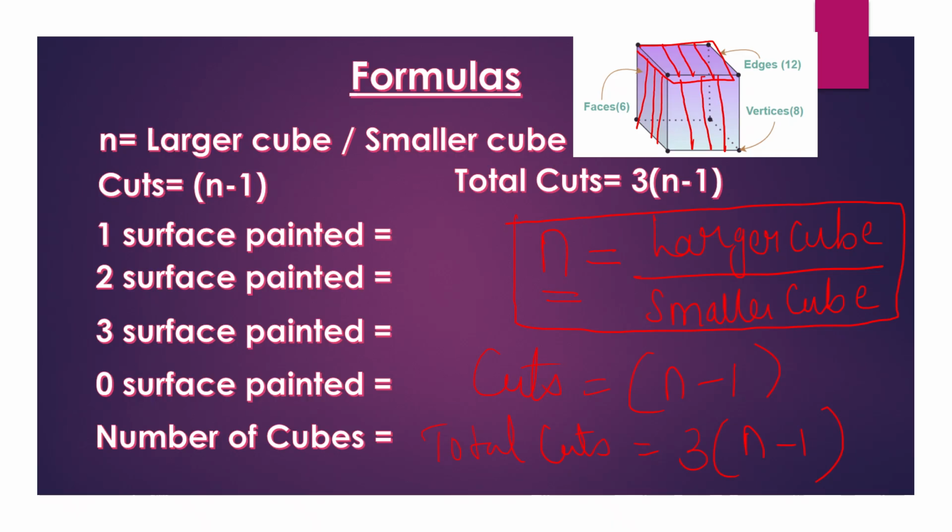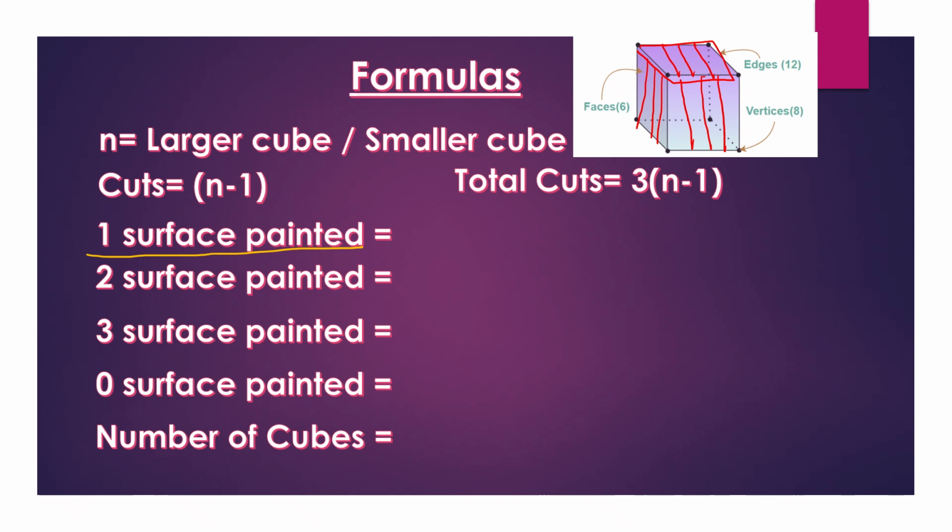Now next, main important thing is this one. When one surface is painted, they will ask in the question, some description they will give. Find the total number of cubes only when one surface of the cube is painted, or when zero surface of cube is painted.